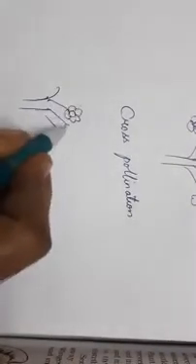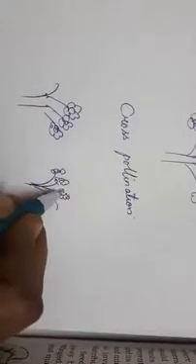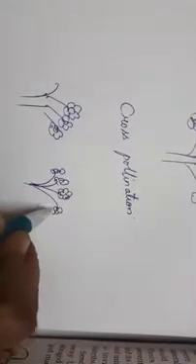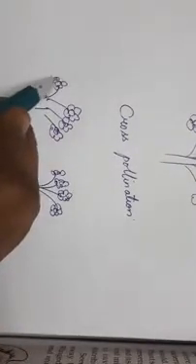Children, I am drawing a very rough diagram, not a proper diagram here. For example, these are two plants having rose flowers.